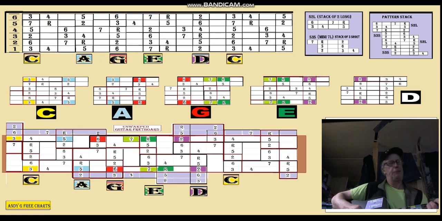Okay, so suppose I'm doing this. Here is the G-shaped B flat major played as a G minor.